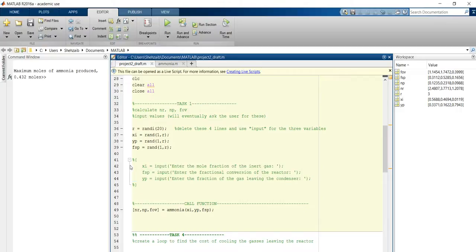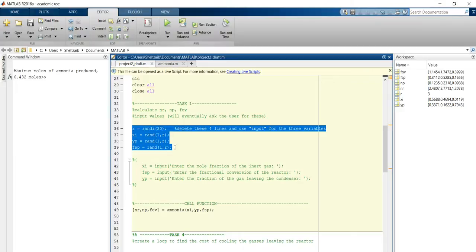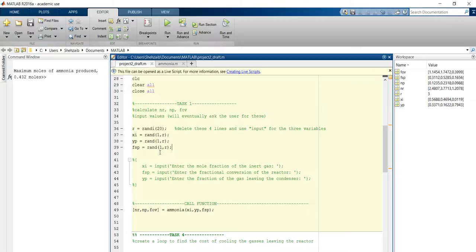All I've done is commented out those lines, and I'm creating a random vector for all 3 of them. With this vector it's only one row with also a random number of columns. So each time we run the code, the 3 variables will have different values.